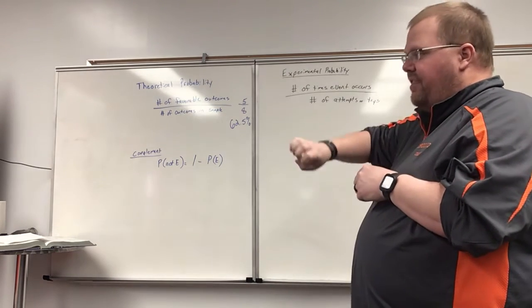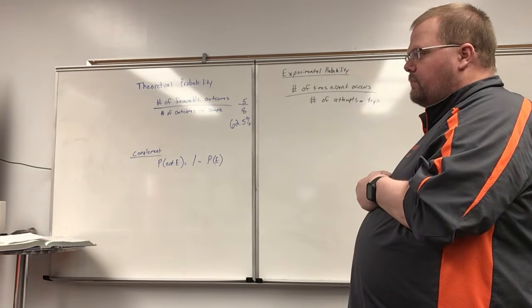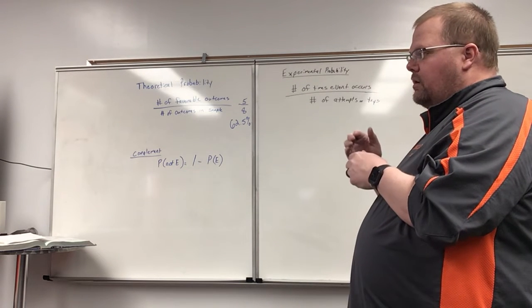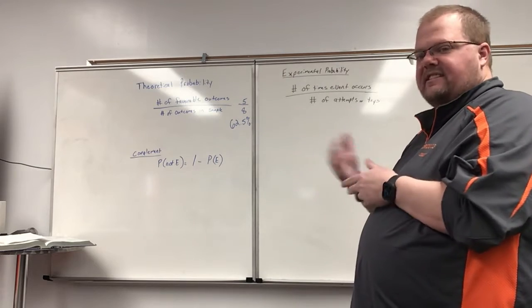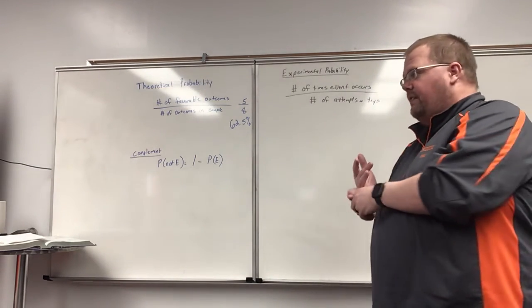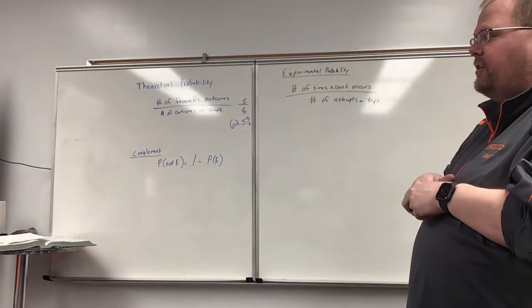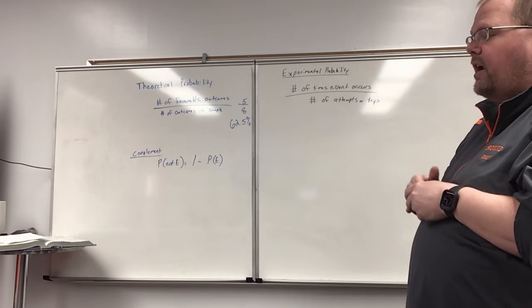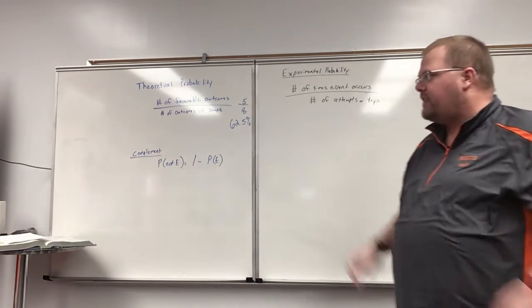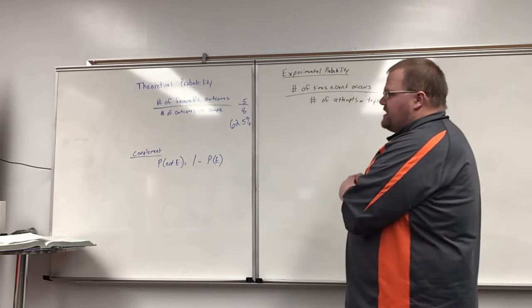Then we did that thing. We spun it. So when we spun it, we got a 1 6 times, we got a 2 11 times, we got a 3 19 times, we got a 4 14 times. So it's asking, what's the probability of spinning a 4? Well, we have to add up the total number of occurrences. So in that case, the total number of attempts or tries goes on the bottom.